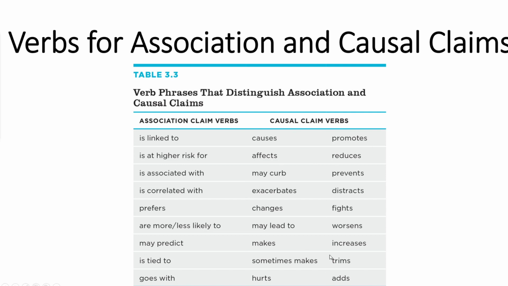In an exam situation, I would probably never say something like A fights B or A distracts B. That seems a little bit abstract. We'd probably stick to things like causes or effects. But these are useful when you're trying to pull apart what, say, a newspaper article is talking about. These could be some hints as to whether they're talking about an association type study or a causal study.